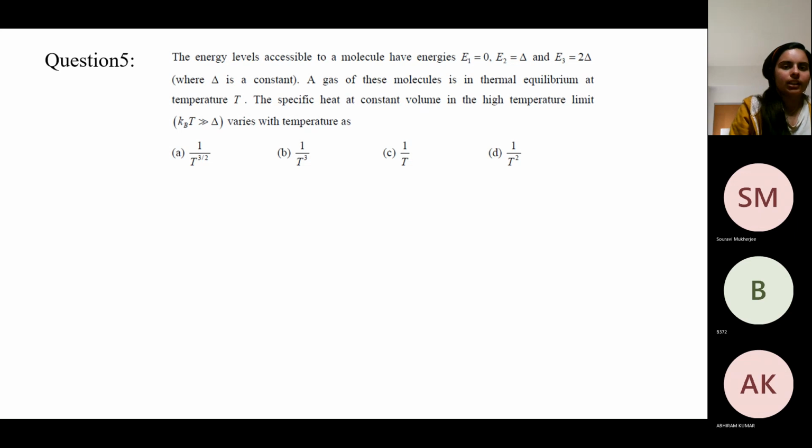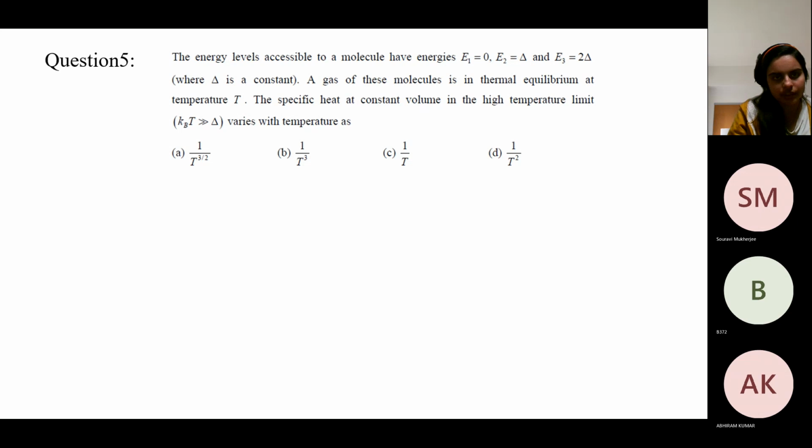So here, the first thing that we have to do is, obviously, find the partition function. We then use the partition function to see how we can get the free energy. And from the free energy, there can be two ways.